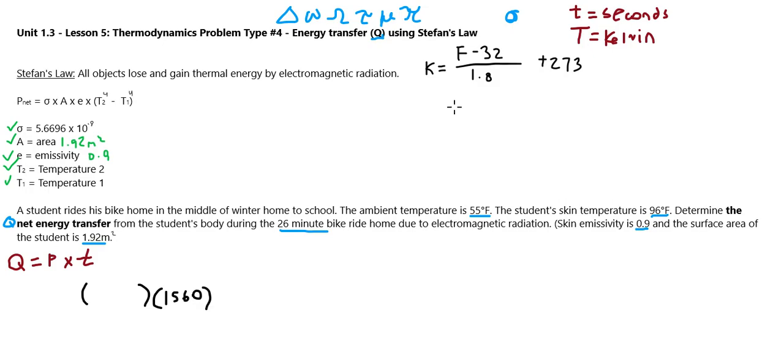So we know how to solve that. All you have to do is plug in this for F and then this for F. I'm not going to write it out just for sake of time, but that's what you do.